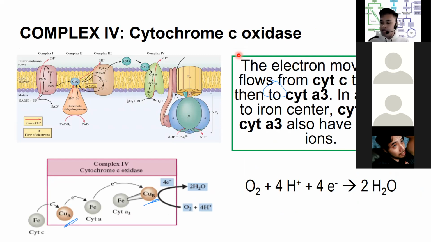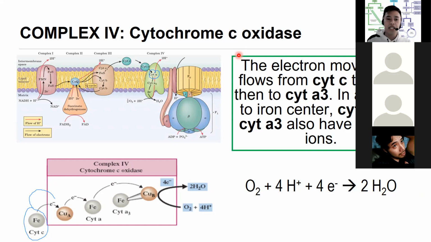So what happens here? The electrons coming from cytochrome C will be transported first to cytochrome A. Cytochrome A contains copper and iron. So the electrons from cytochrome C will first be transported to the copper of cytochrome A, and then to its iron, and then to cytochrome A3.